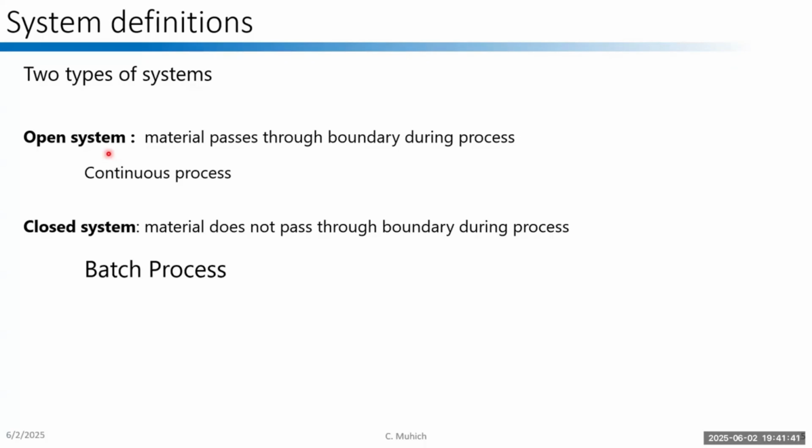A closed system means that material, so matter, doesn't move through the boundary. Think of closing a soda bottle. That soda bottle is a closed system. Whatever's happening in there, we have a batch process.